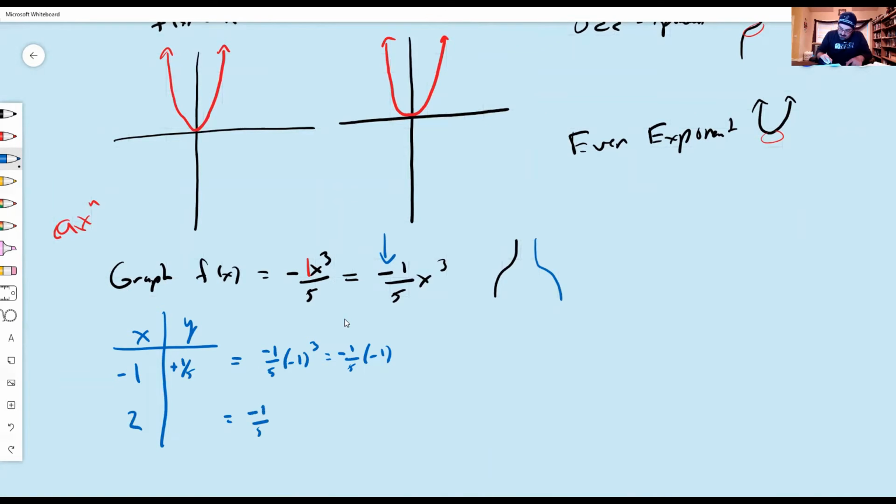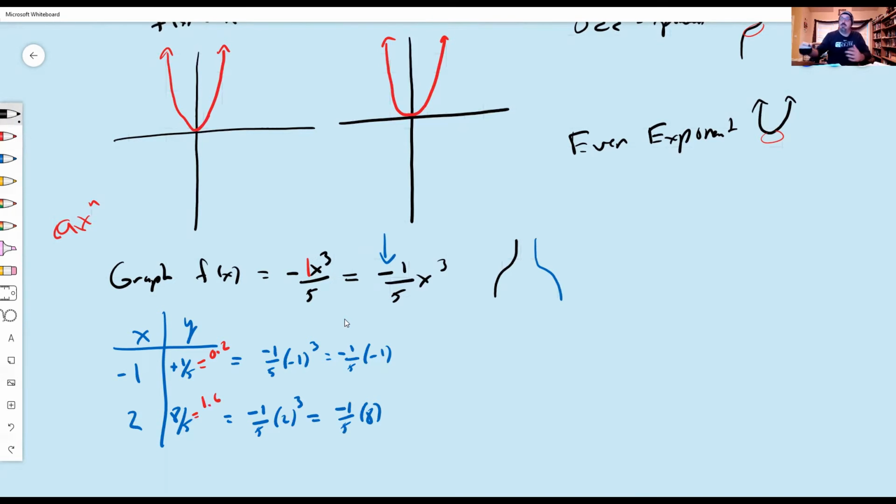Then minus 1/5 times 2 cubed. That's minus 1/5 times 8, or minus 8 over 5. If you want to, you can pop out your calculator and you'll find that 1/5 is 0.2 and 8 over 5 is 1.6.